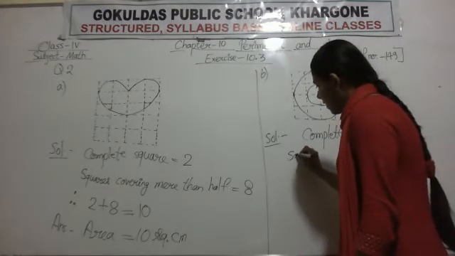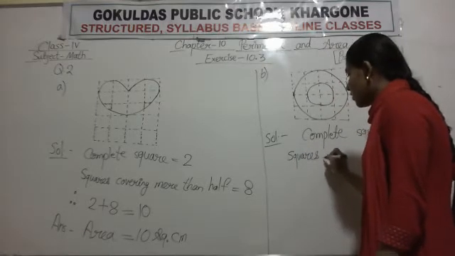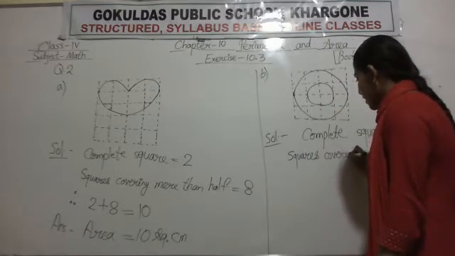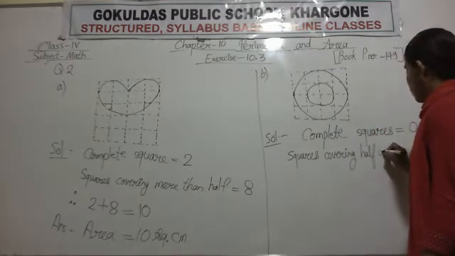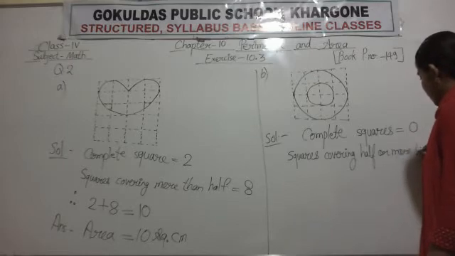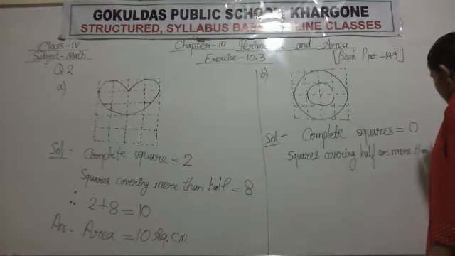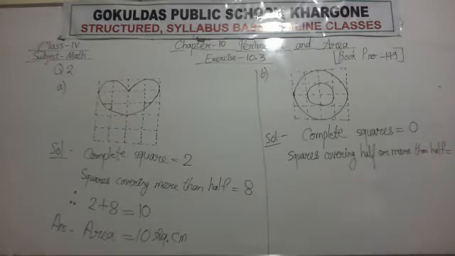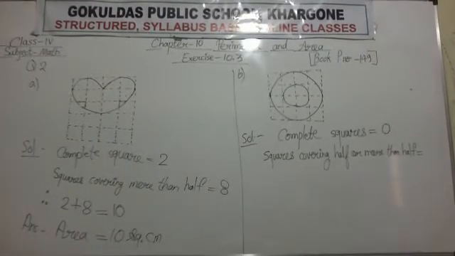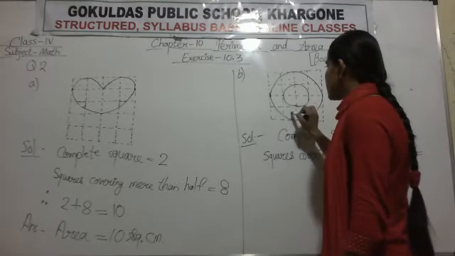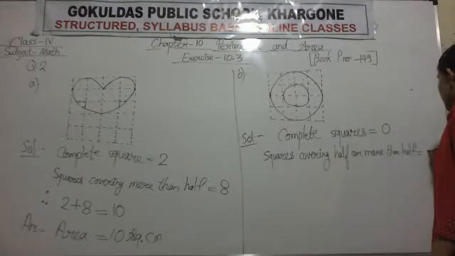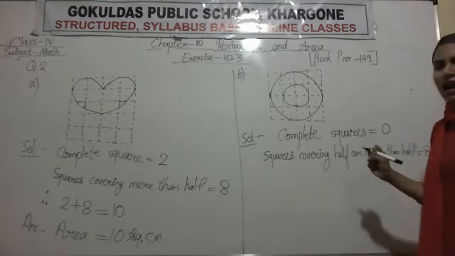Now the squares covering half or more than half area. Let us count how many squares are more than half. 1, 2, 3, 4, 5, 6, 7 and 8. 8 squares are covering half or more than half area.